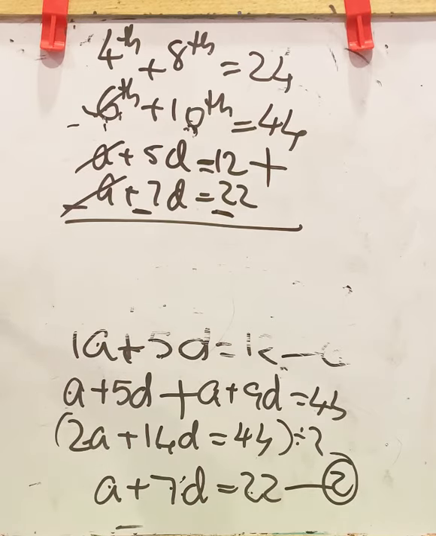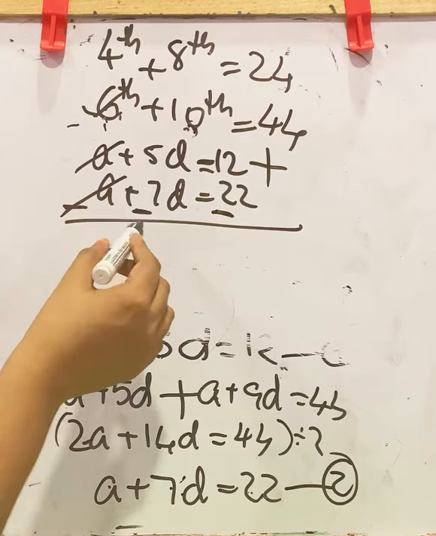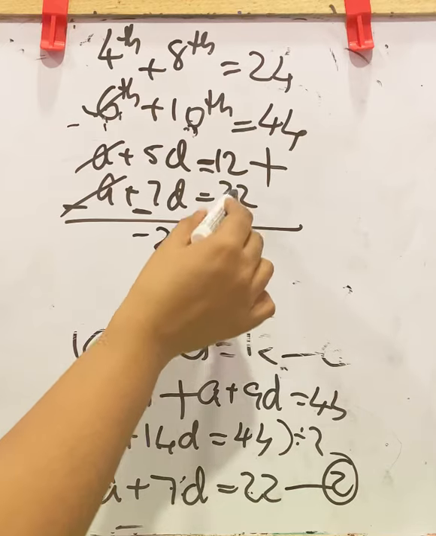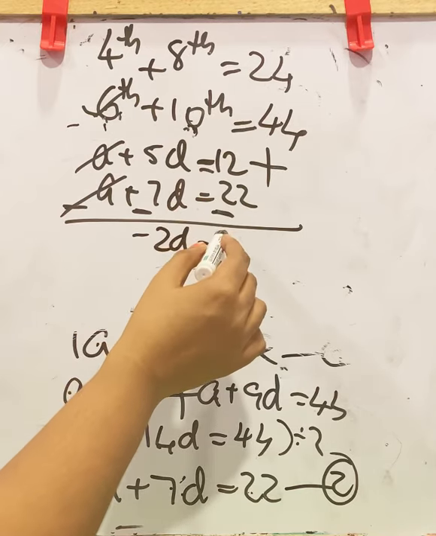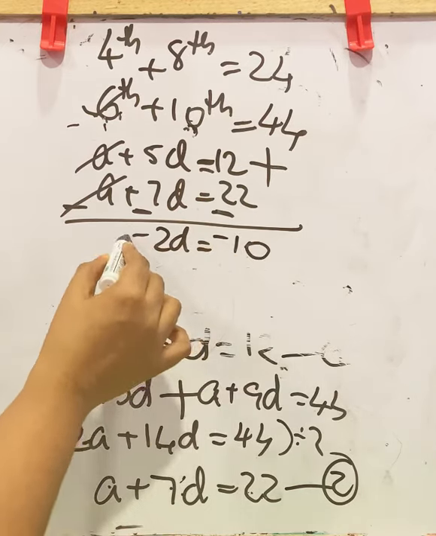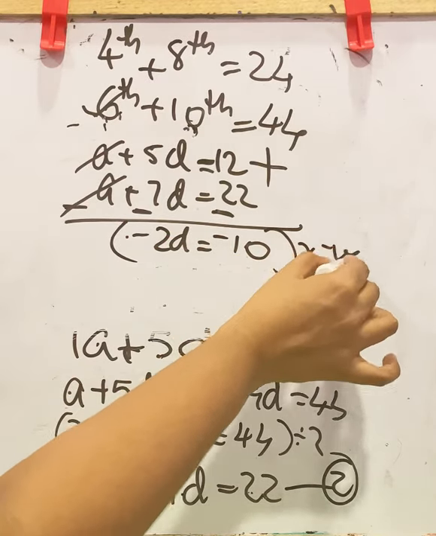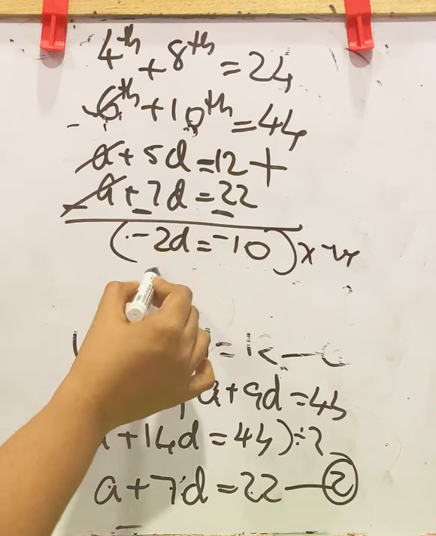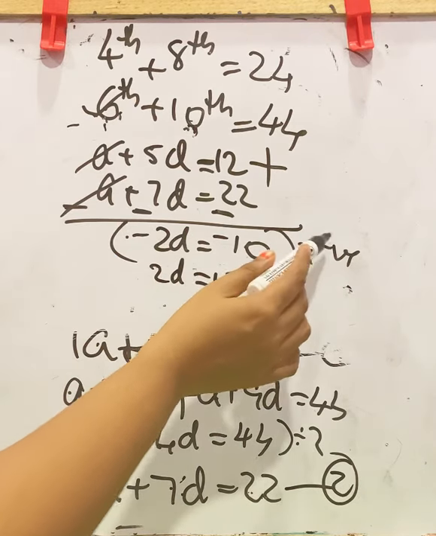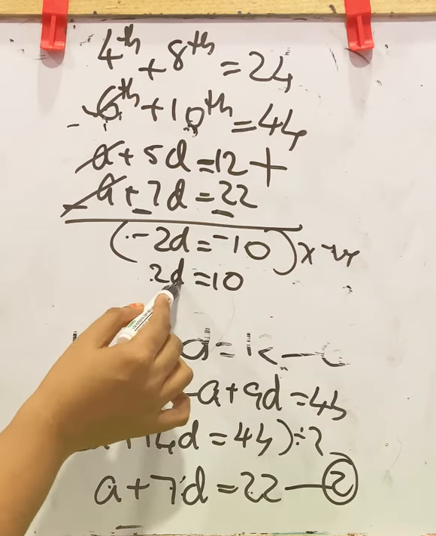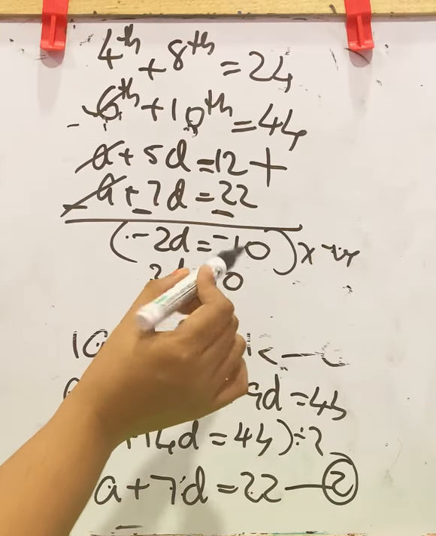A and negative A get cancelled. 5D plus minus 7D is minus 2D. Here 12 plus minus 22 is minus 10. Now on both sides we have a negative, so we can multiply with negative and make it positive. Now this becomes 2D equals 10, because negative into negative 2D is positive 2D, and negative into negative 10 is positive 10.